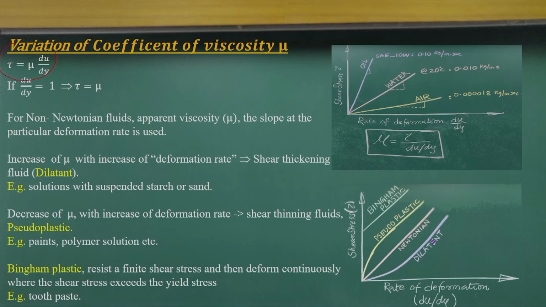Let us come to the next one. How does the coefficient of viscosity vary for different fluids? Let us take the same very simple equation we defined, tau equal to mu into du by dy, the velocity gradient. If du by dy is equal to 1, which means the velocity gradient is unity, then the shear stress equals mu. Interestingly, if I have a system where we can create a velocity gradient equal to 1, then whatever the shear stress is will be the coefficient of viscosity.